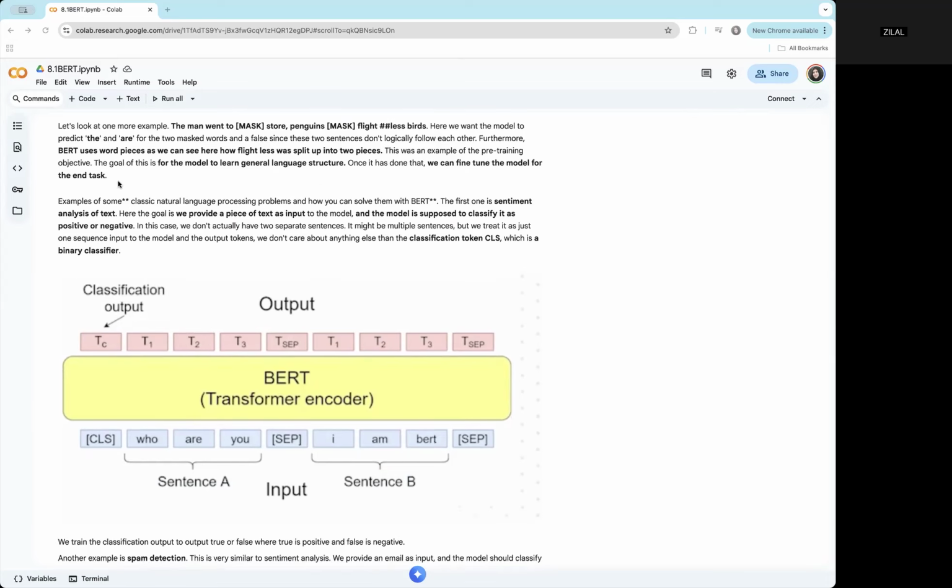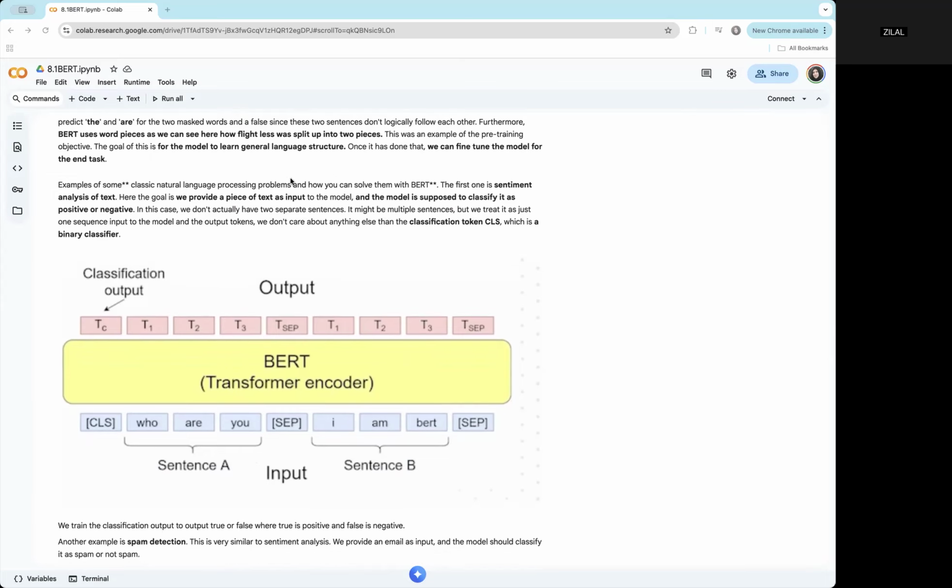Furthermore, BERT uses word pieces, as we can see here. Fightless is split up into two pieces, fight and ##less. So this was an example of the pre-training objective.